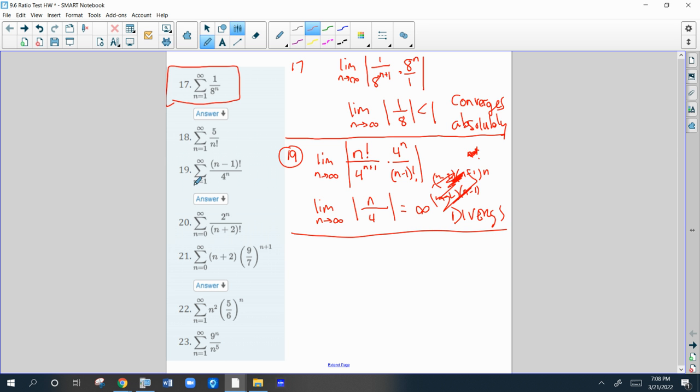Now, if you look at the original function, that should almost make sense here. It's a factorial, which is going to grow way bigger than an exponential function, even if there's one less term. So it looks like the nth term will definitely not be 0, so it will diverge.